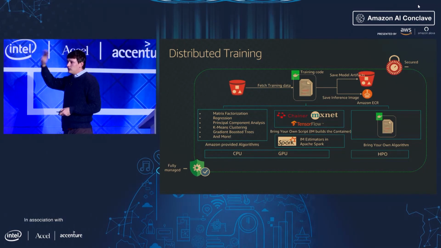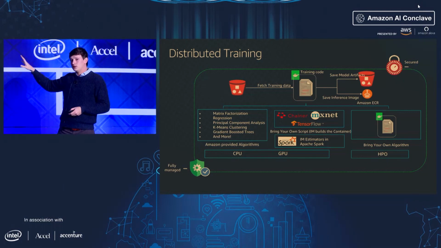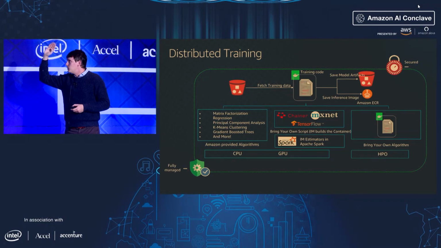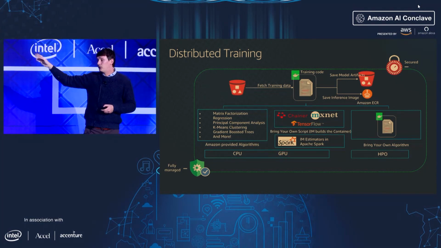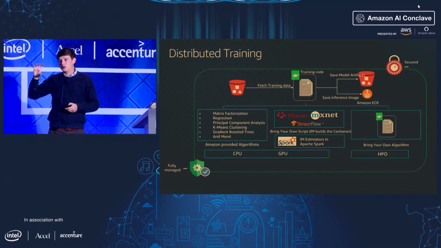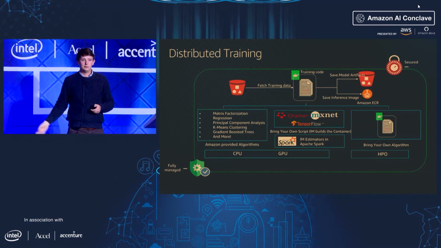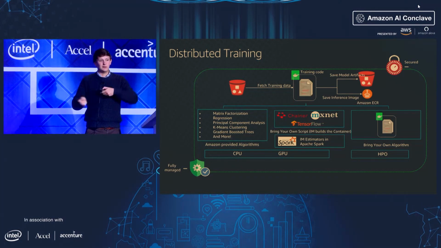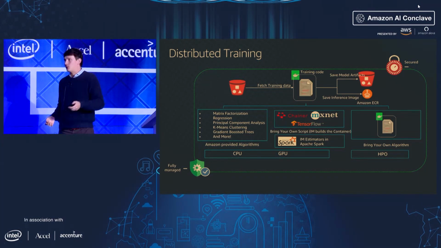And then it's going to start this training job on a cluster. And when the training is finished, your model is going to be saved to S3. And then the cluster is going to go down. And if you want to deploy this trained model, it's just one more command. And then you get another cluster based on ECS, which is going to serve your inference requests.